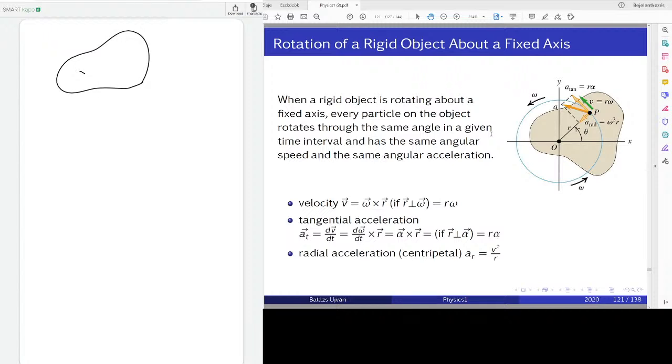It's a body. This is the axis of the rotation. So the body moves, let's say in this case, with the omega angular velocity. We know the kinetic energy is 1 over 2 m v squared. So let's calculate the kinetic energy of this small part of the body. We know v equals omega times r. So this part will have a speed.